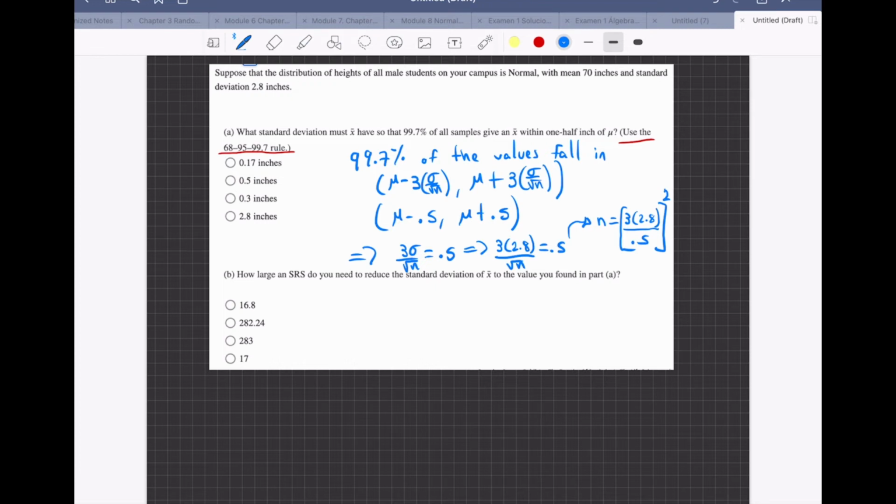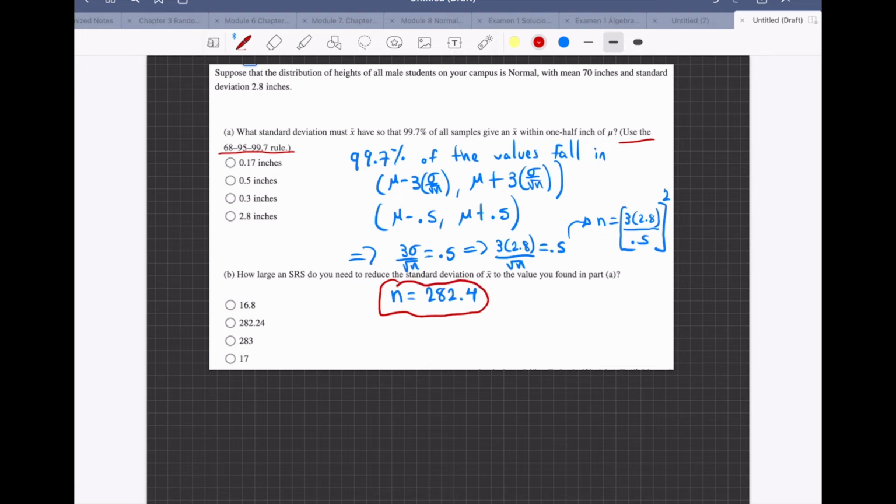And the value you should get is n equal to 282.4. This is the value for n.